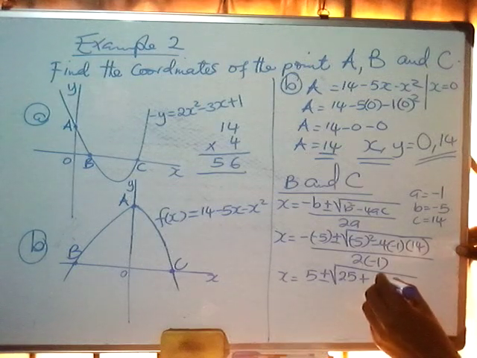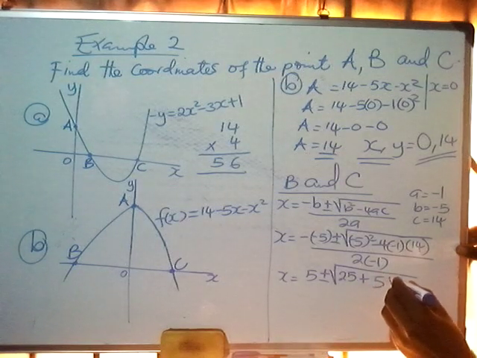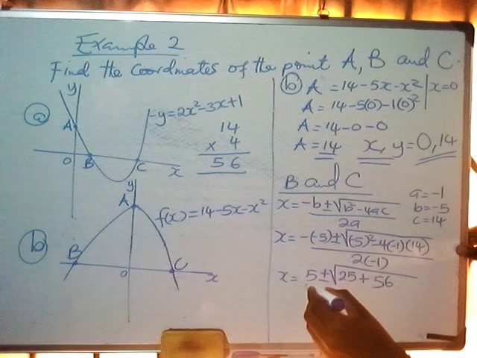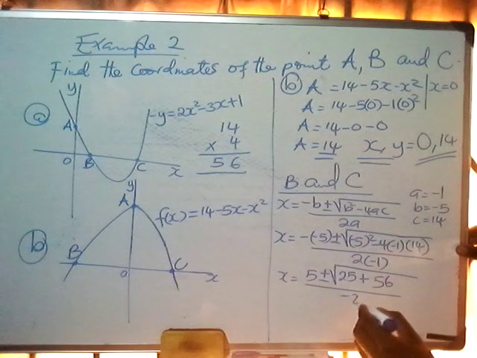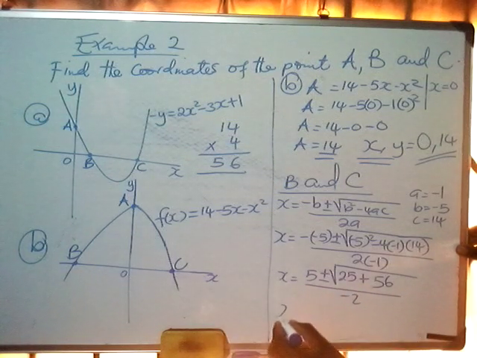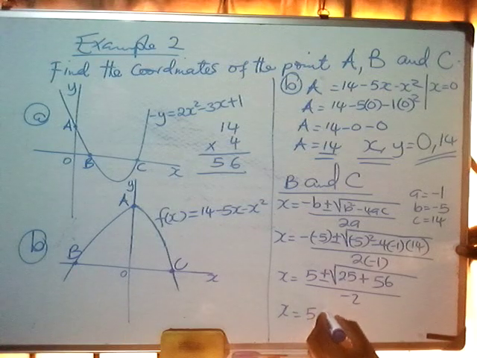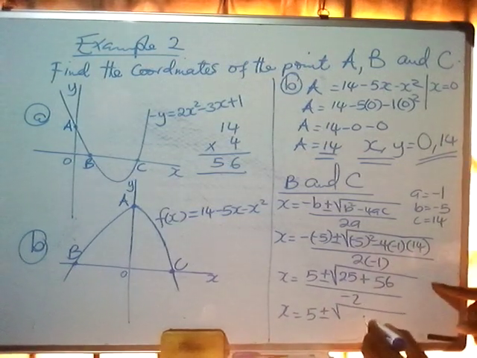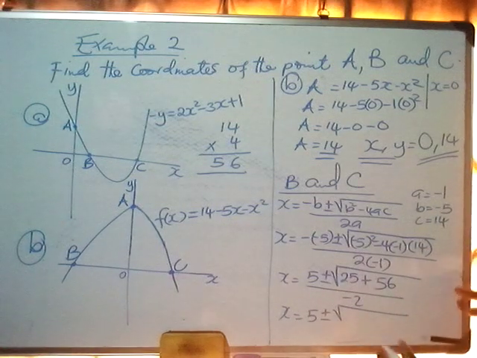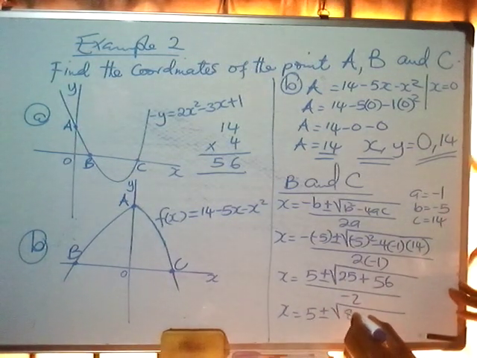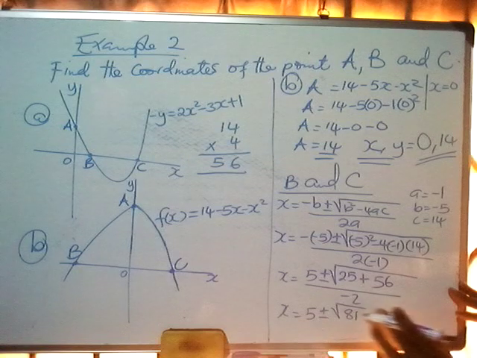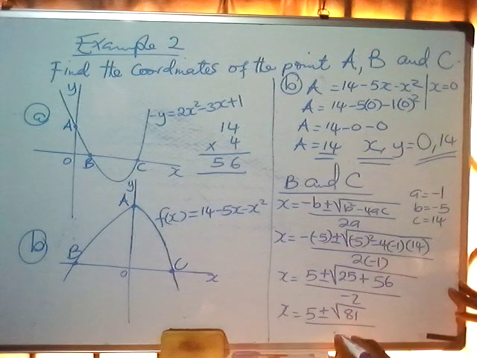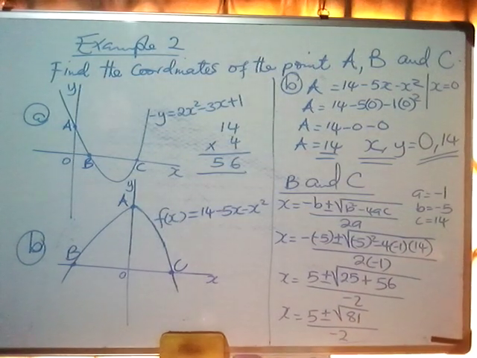So we are going to have 56 like this, then over negative 2. So x is equal to 5 plus or minus the root of 25 plus 56. The answer we get is 81. So it will be 81 and everything over negative 2.